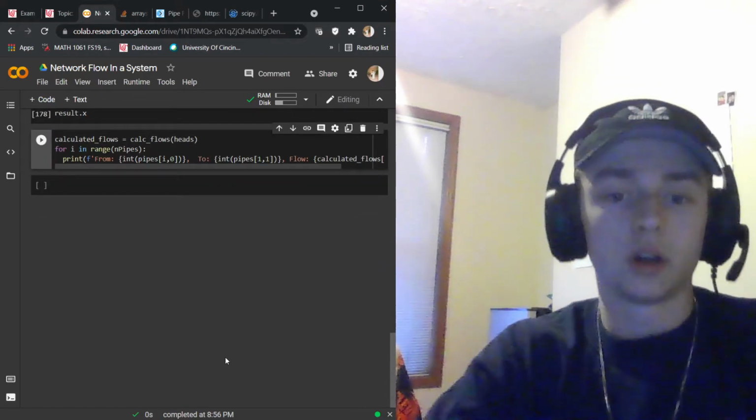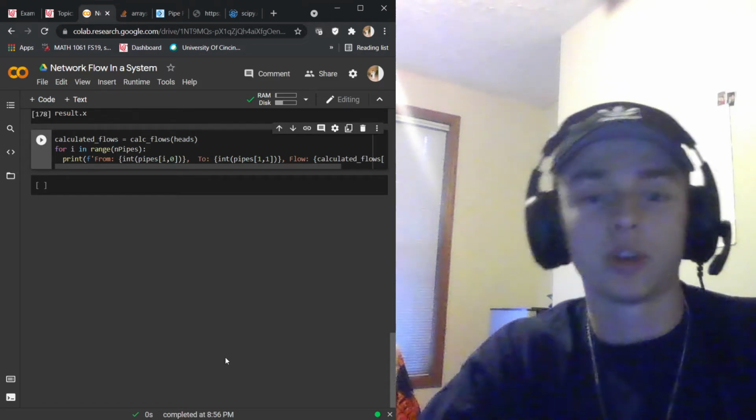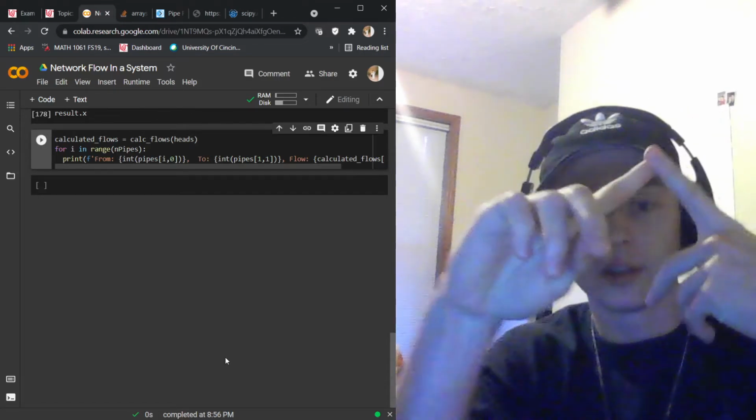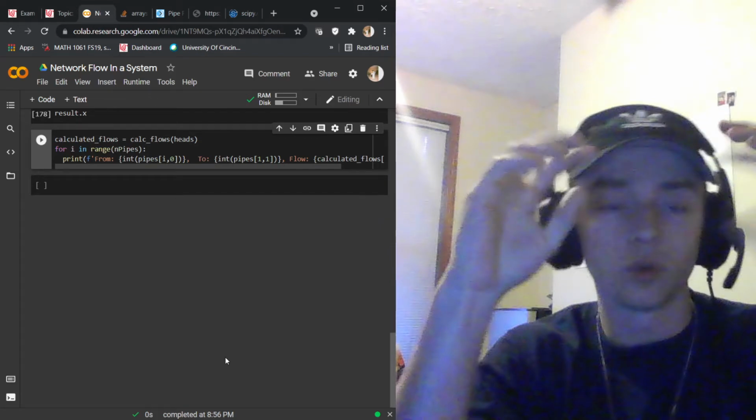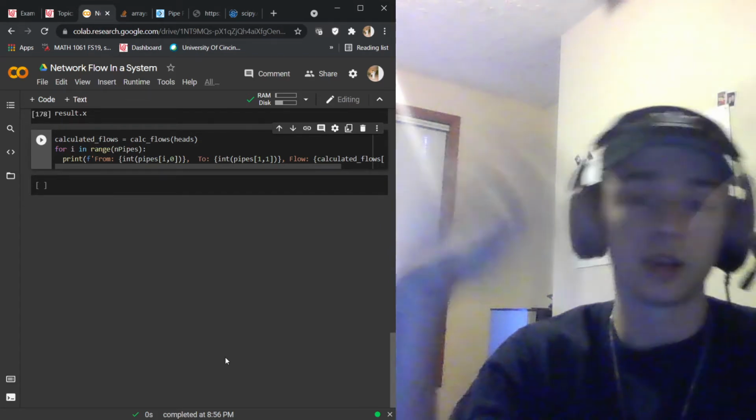when we use our pressures, because the final step is to print out the calculated flow, or the pressure for each of the nodes in the system, the external and internal.